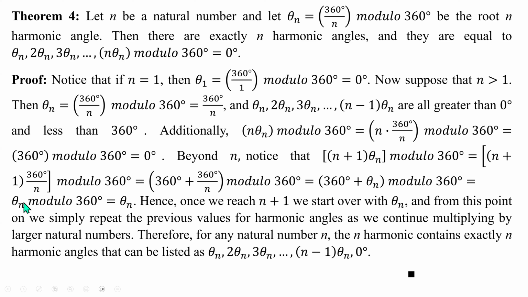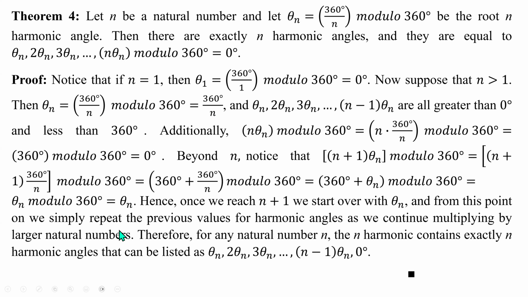So we're just left with theta sub n modulo 360 degrees, but since 360 degrees over n is less than 360, this just comes out equal to 360 degrees over n, which is the same as theta sub n. So this reduces to theta sub n. So hence, in other words, once we reach n plus 1, we start over with theta sub n.